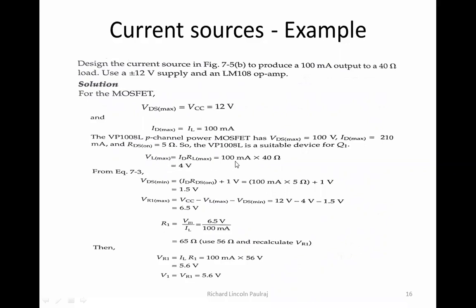The ID value we already have, 100 milliamps, and RL, the load resistance, is 40 ohms. So 100 milliamps multiplied by 40. How much are we getting? Are the values correct? Please check. 100 milli into 40.